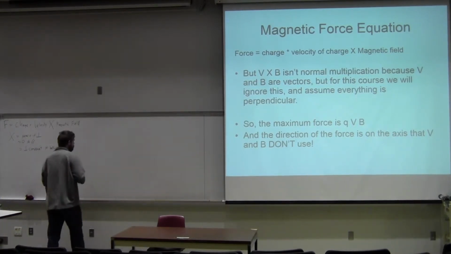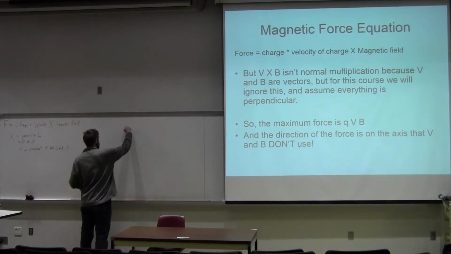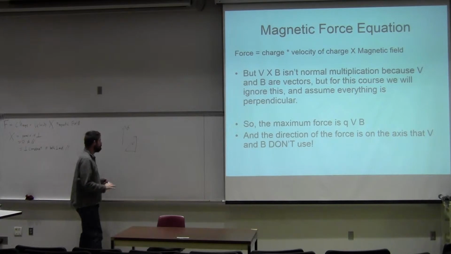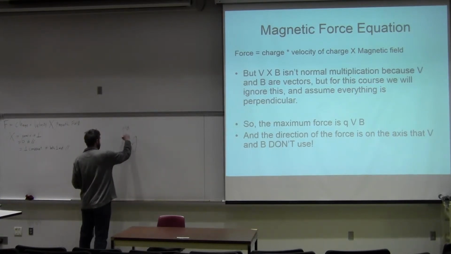So for example, if my magnetic field is this way, and my velocity is this way, I'm going to break this up and just put in numbers. Let's give a magnetic field of 5, and the units of magnetic field are Tesla.